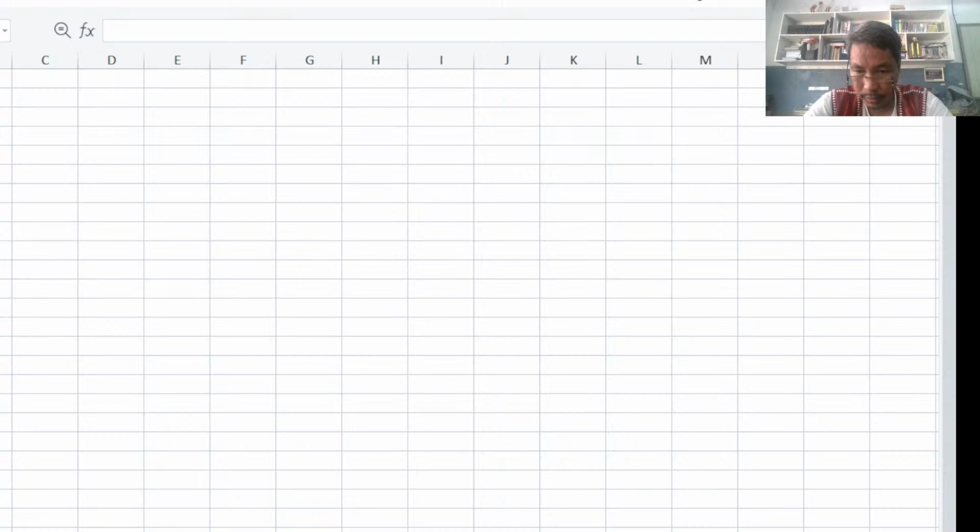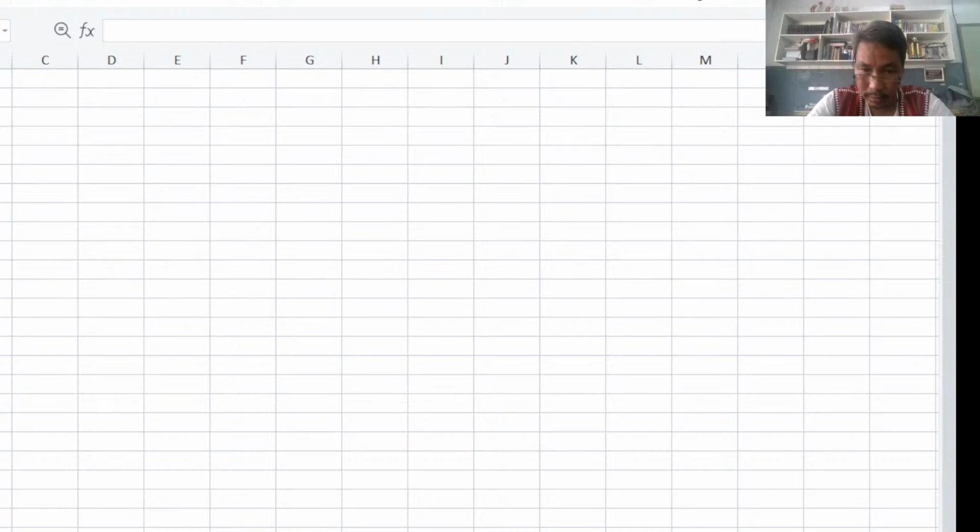So let us start with the computer example that I already showed you, and I open up Excel. So you can do it with me.